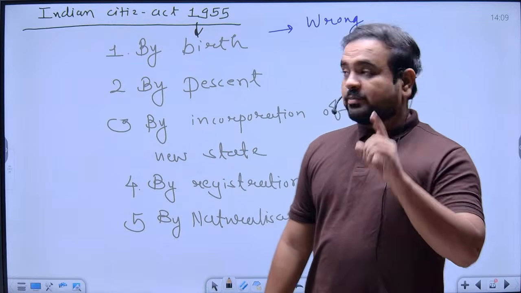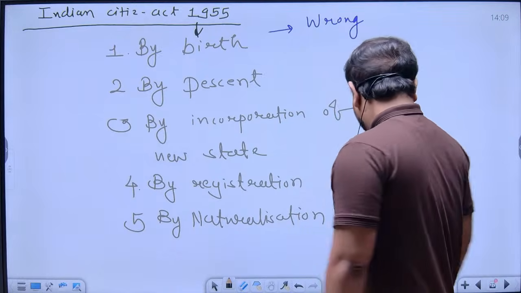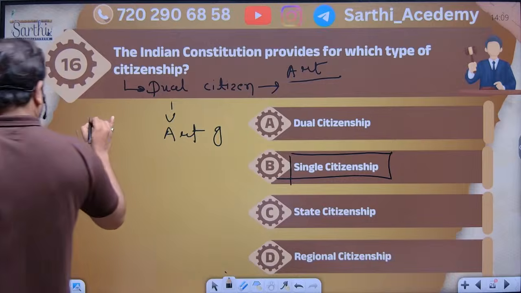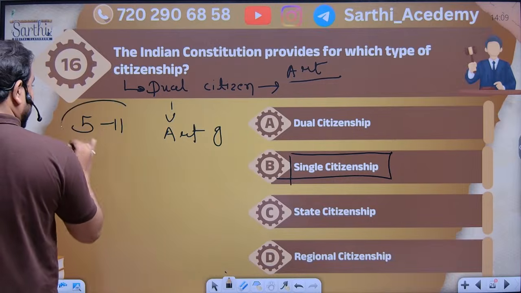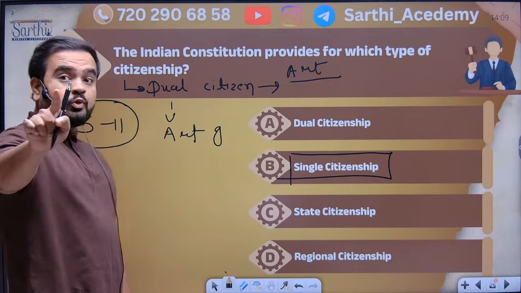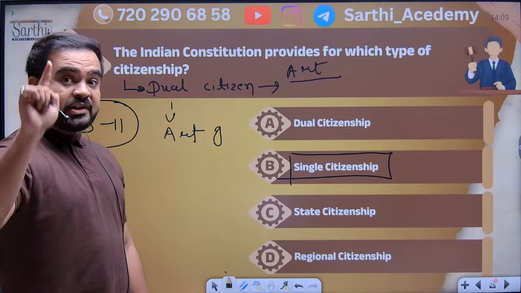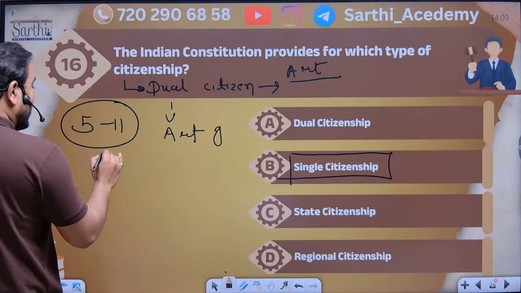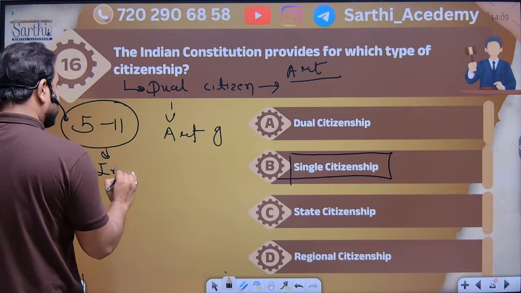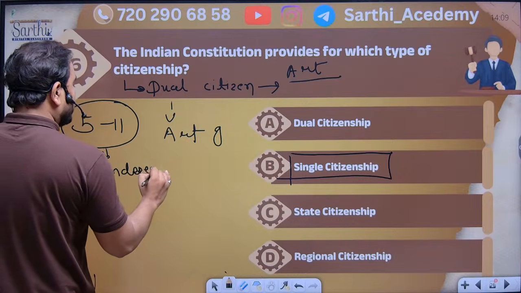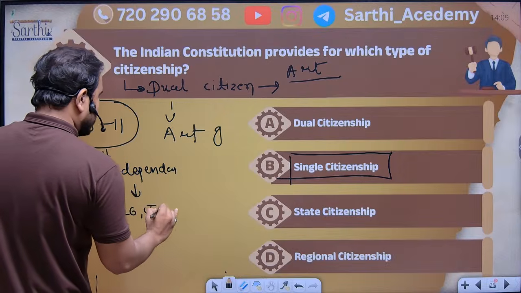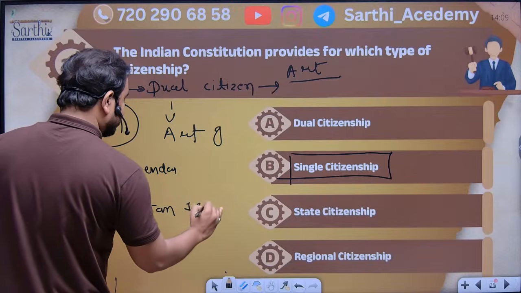Remember this, don't make a mistake. And then what is article 5 to 11? Article number 5 to 11 provides Indian citizenship only after independence and up to 26 January 1950.